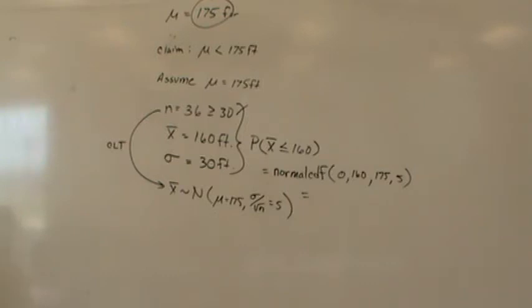Okay, so we have a mean of 175, standard deviation of 5, and x bar is 160. So I'm putting the mean, mu, as 175, then 5, lower bound 0, upper bound 160, and let's see what we get.